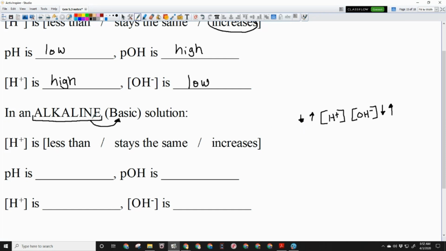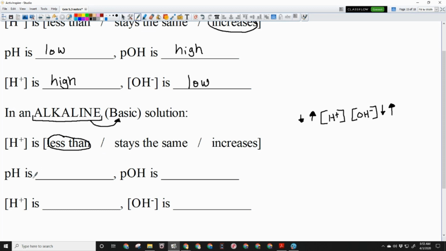So in a basic solution, the hydrogen ion concentration is always going to be less. It's going to go down because in a basic solution, hydroxide ions are what's increasing. In an acidic solution, it's the hydrogen ions that are increasing. So hydrogen ion is less in a basic solution because hydroxide is more.